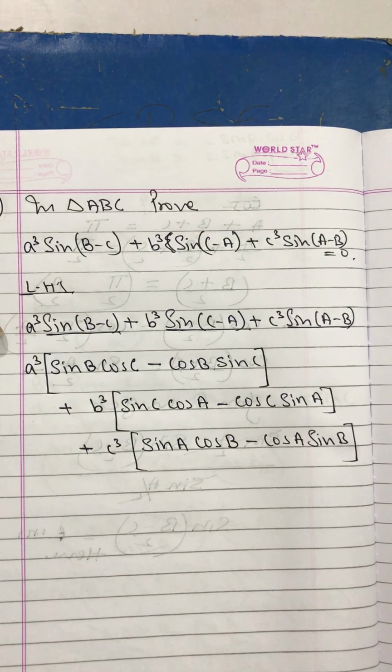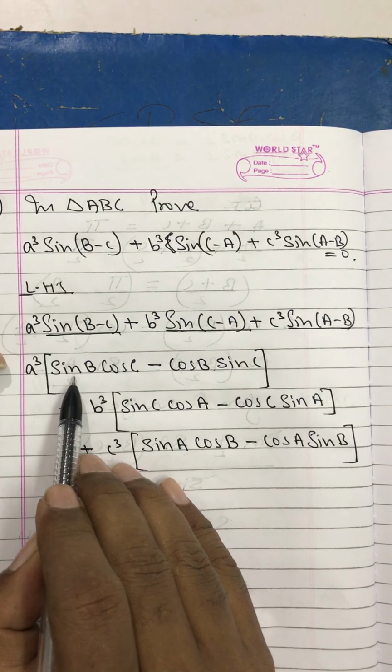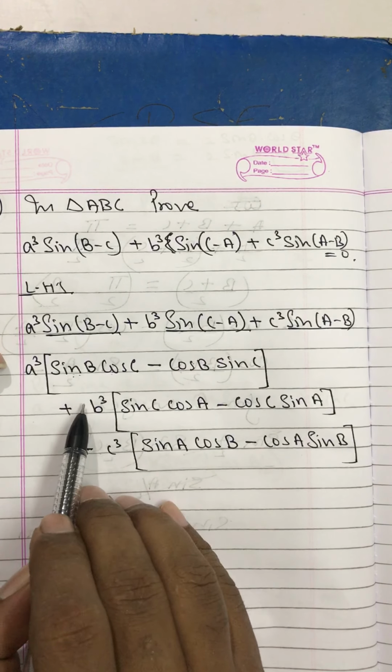Now to get rid of everything slowly, steadily, we can use the sine rule and the cosine rule both.